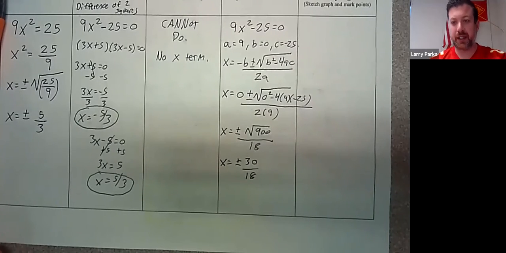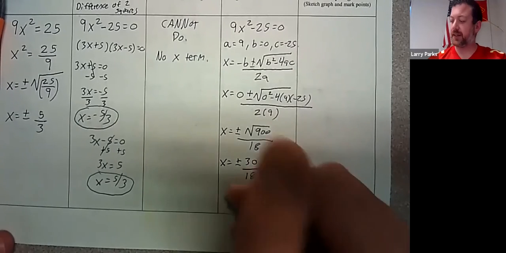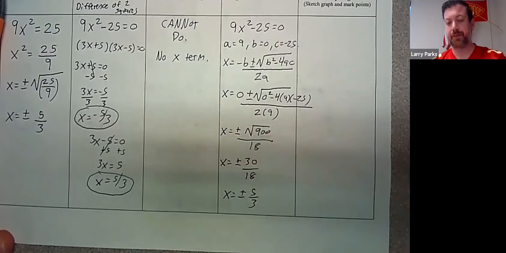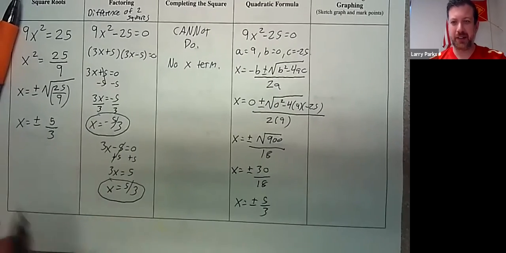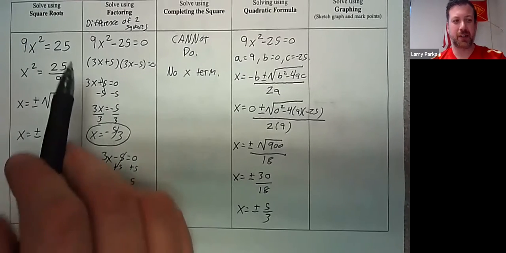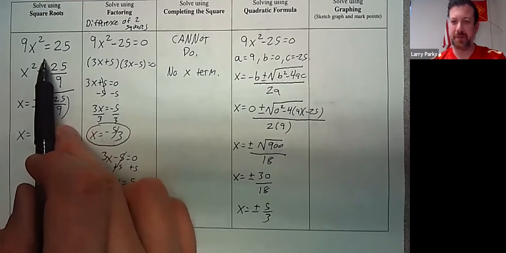And then 30 over 18 reduces to 5/3. You can see you're getting the same result. But if you knew how to do square roots, this is so much faster. But remember, you cannot use square roots unless they're missing the x term.